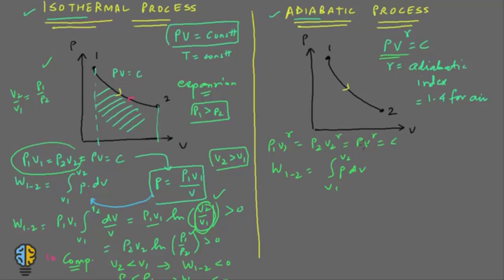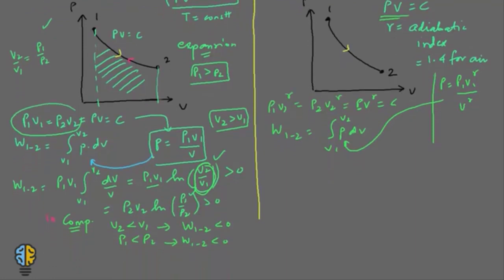Now let's get the value of P in terms of V. So we will get P as P1 V1 to the power gamma upon V to the power gamma. Let's substitute this value in place of P over here.